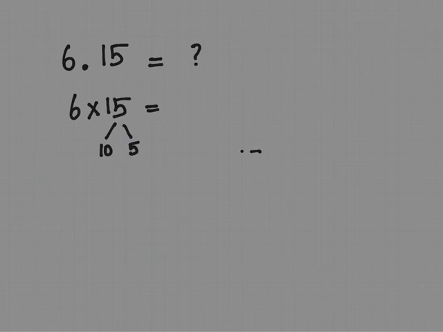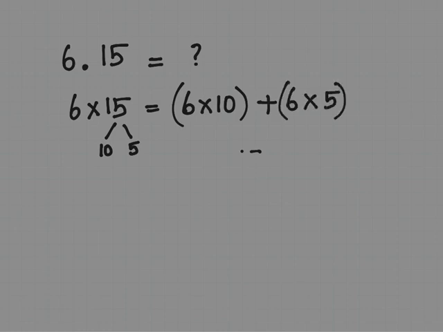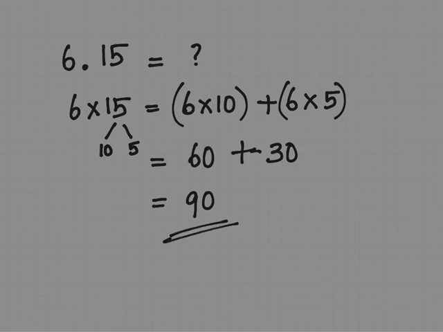So 6 times 10 plus 6 times 5. We know that 6 times 10 is 60 plus 6 times 5 is 30. 60 plus 30 equals 90.